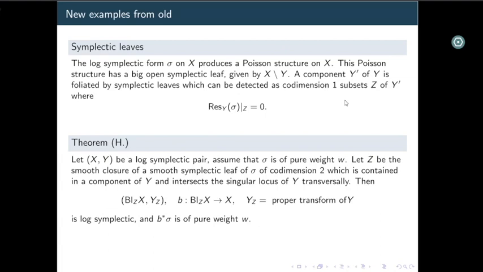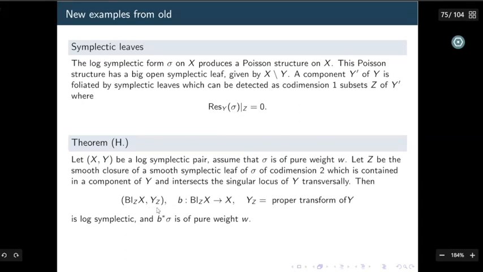If you have a log symplectic pair with a log symplectic form of pure weight w, take Z to be the smooth closure of a smooth symplectic leaf of codimension 2, something that was described in the previous paragraph. Assume that it is contained in a component of Y and that it intersects the singular locus of Y transversely. This is some sort of genericity condition on the leaves that you're taking. Then take the blow up of X along this leaf that lives inside of the divisor.